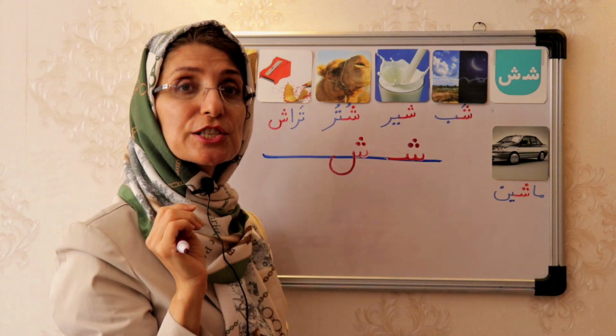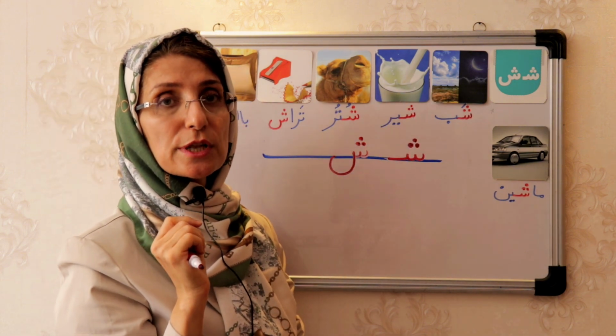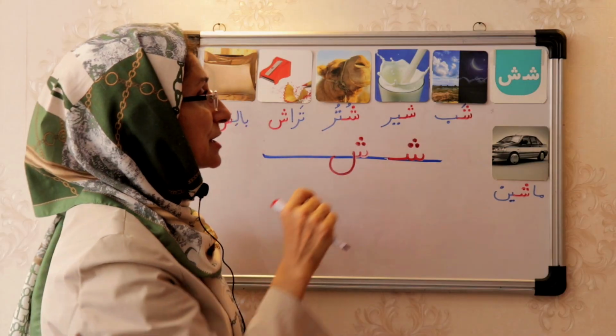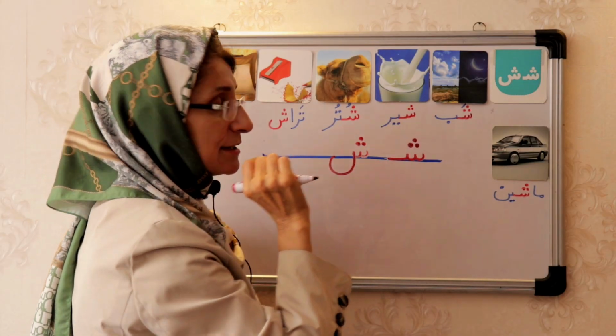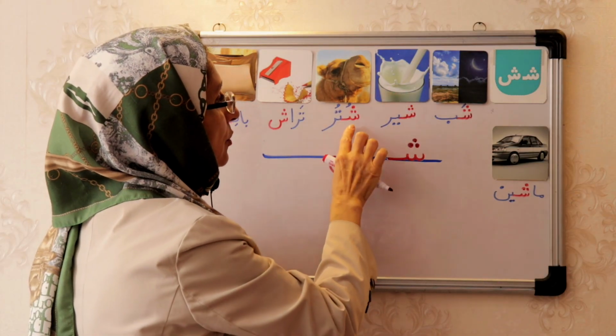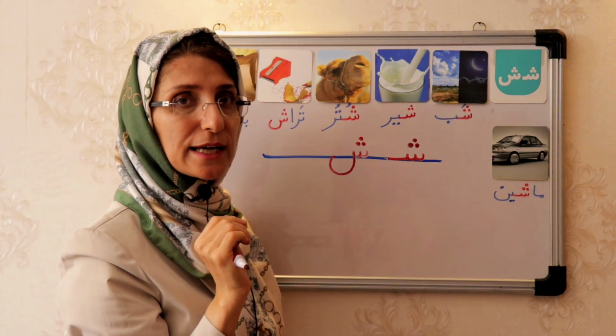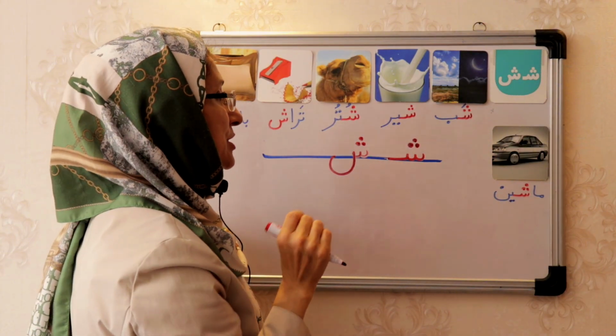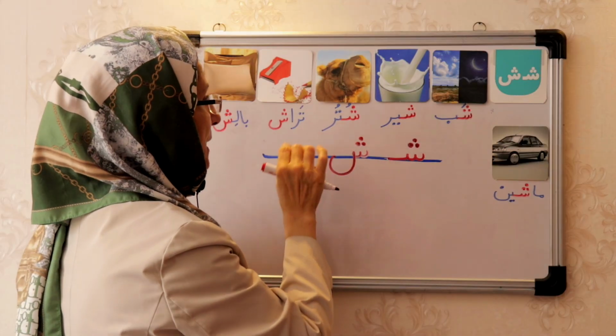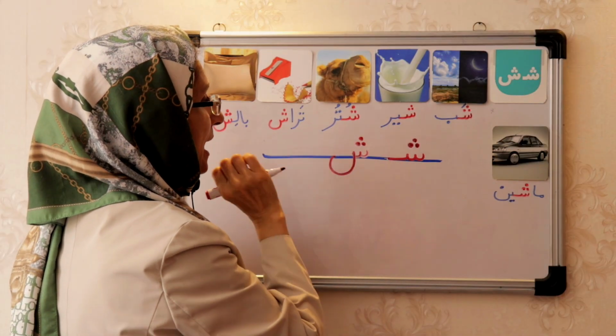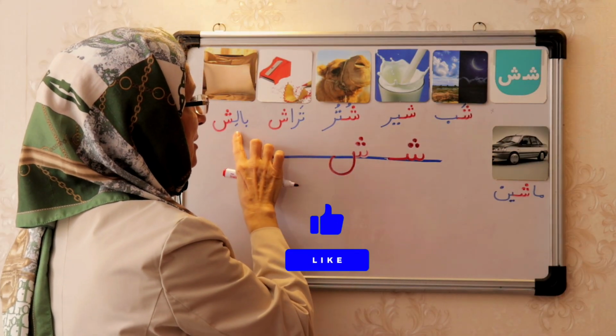We have learned sheer in the word lion, sheer, but sheer again we have for milk, or shotor in the initial position. But sh آخر, you see, at the end of the word.